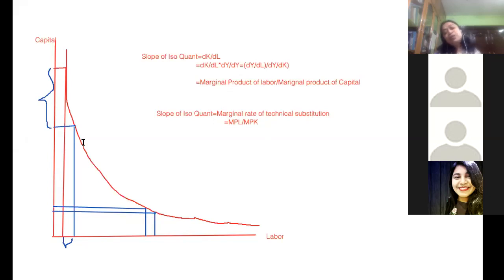So the iso-quant is the same output level along a curve, the slope is equal to the marginal rate of technical substitution, and a higher iso-quant reflects a higher level of labor and capital use, and as a result a higher level of output.